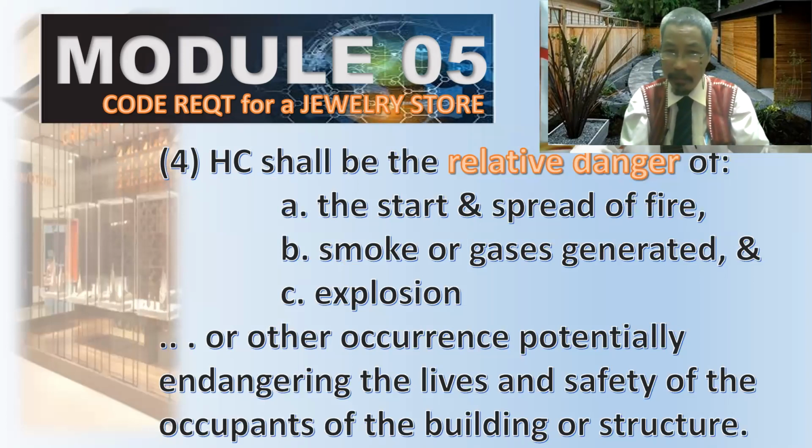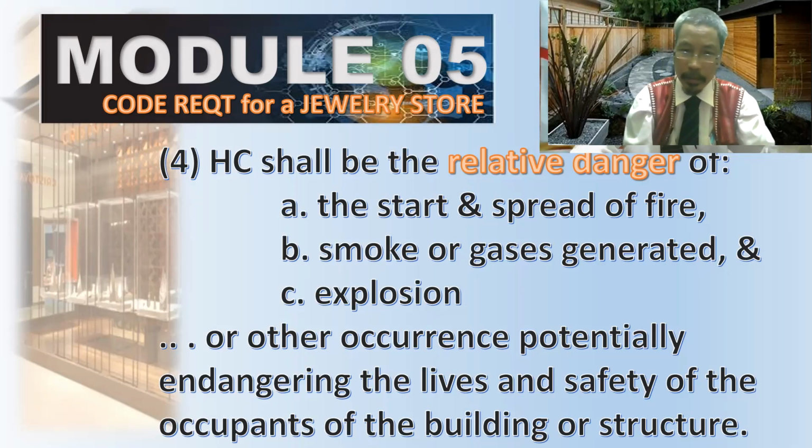How much is the level of danger at the start and spread of fire? Different areas, different applications, different occupancies have different relative danger. Letter B, smoke or gases generated. So relative danger with respect to smoke or gas. So not only fire, you also, letter C, have explosion. So you have heat, fire, smoke, and gases.